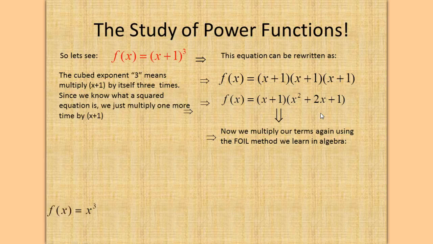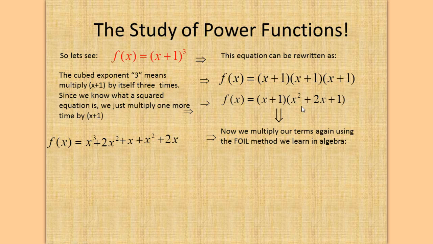So we have x times x squared is x cubed. X times 2x is 2x squared. X times 1 is x. Okay? Then we come back to the 1. We have 1 times x squared is x squared.